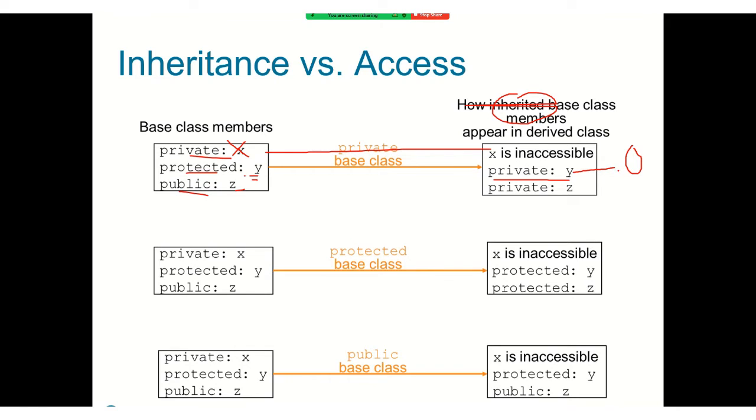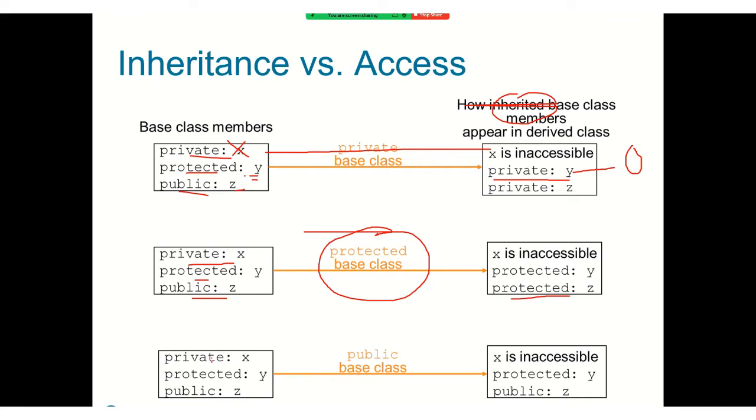So that is not accessible outside. Now, if you have private X, protected Y, and public Z, and you have a protected base class, then X is inaccessible, Y is protected, Z is protected.